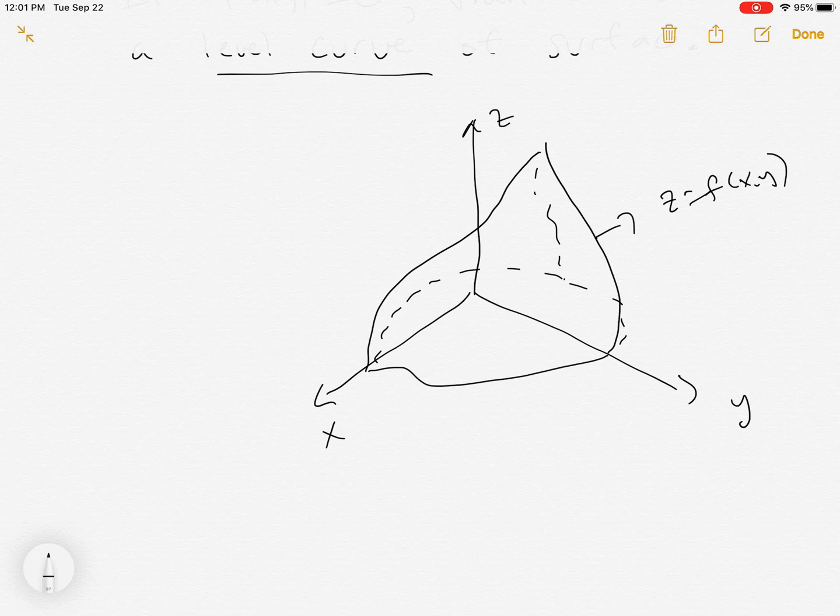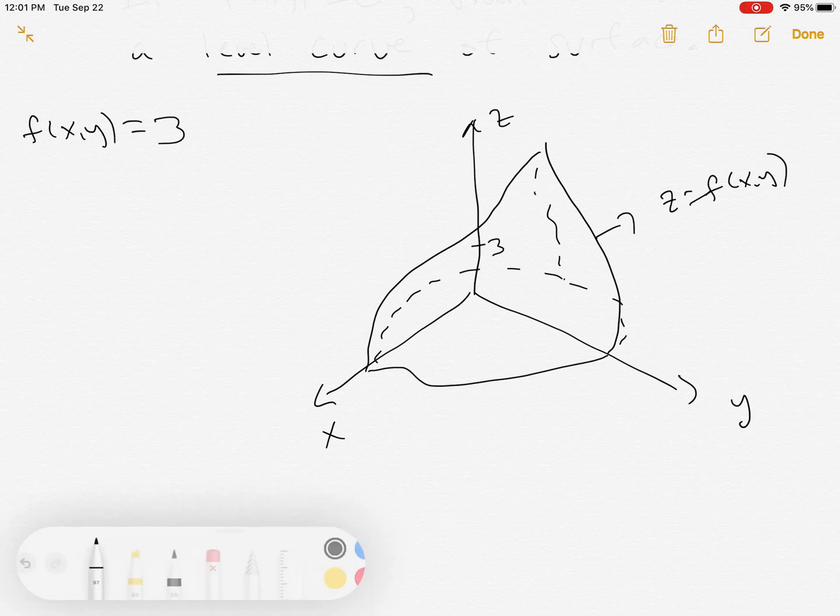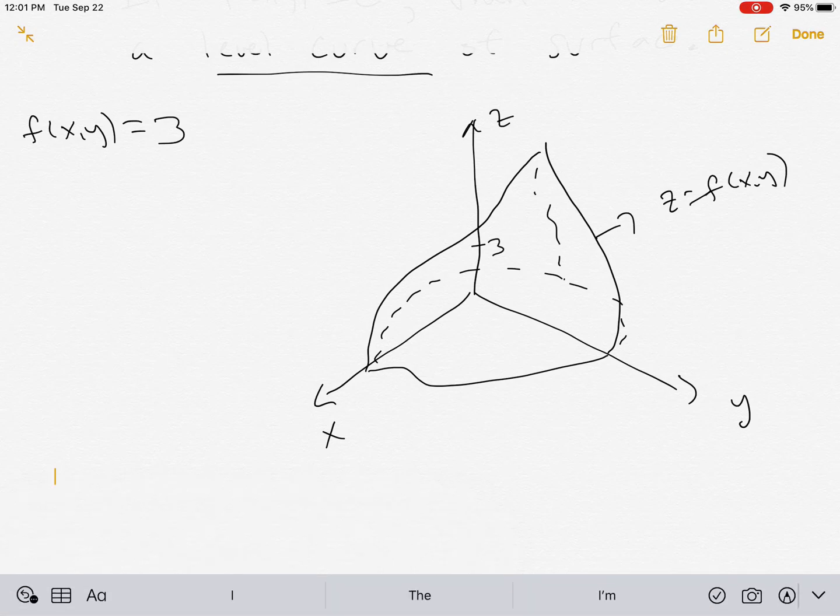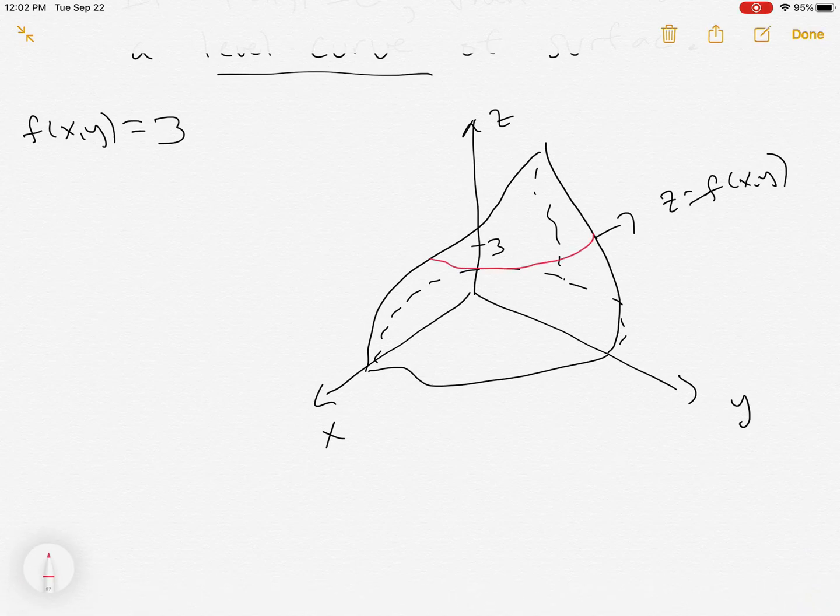Now, if I put a number here, 3. Okay, so if I go f of x, y equals 3, then what happens is I fix the outside. So at 3 here, I get a contour line, right?